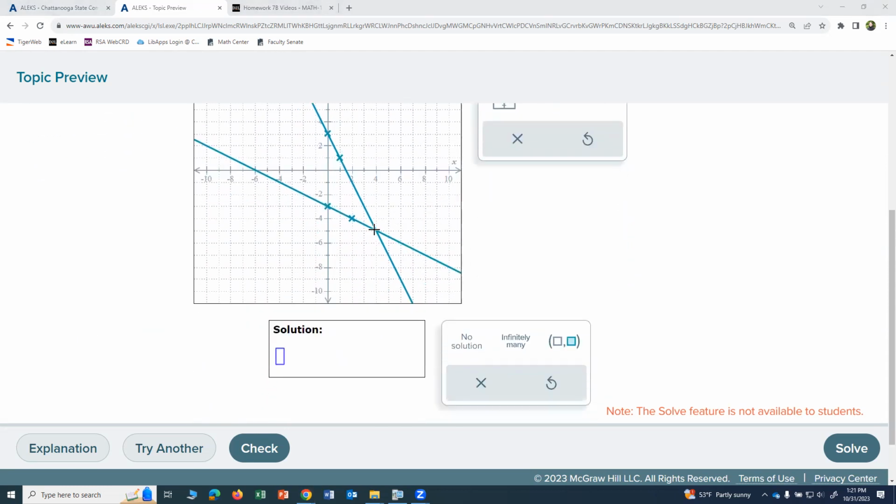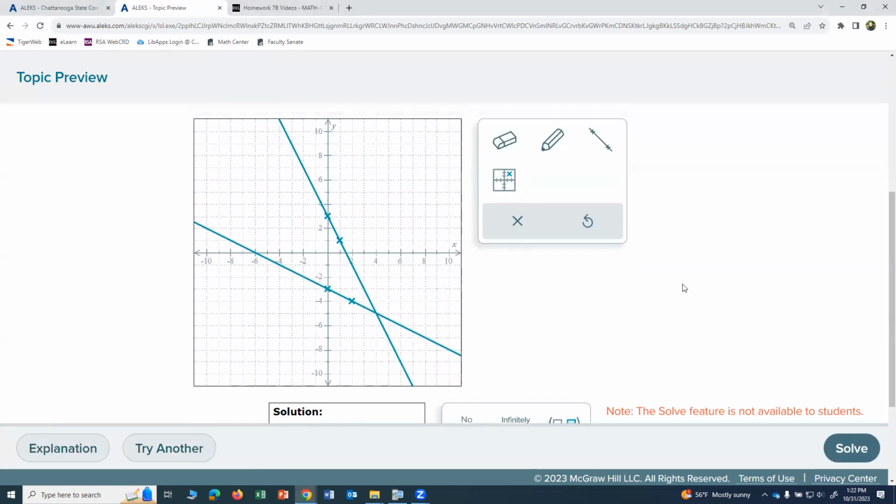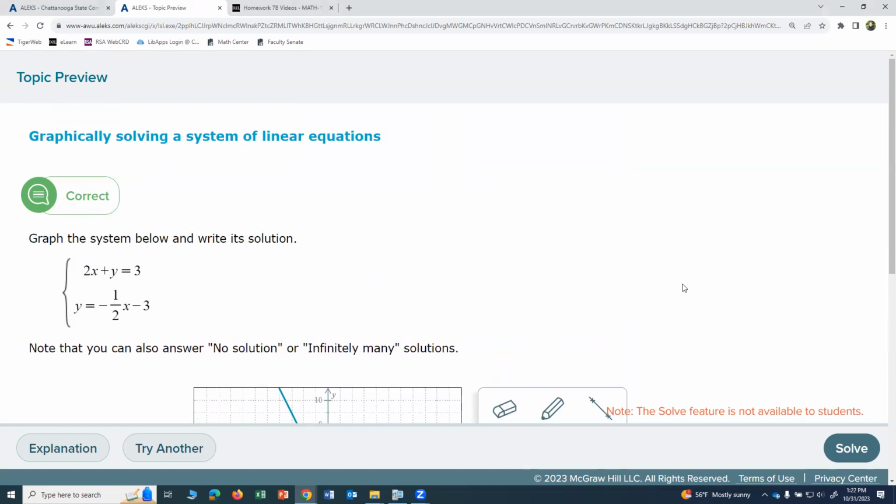So now I'm looking for where the two cross. The x value is 4 and the y value is negative 5. So this would be at the point 4, negative 5. All right, so again, if they cross at a point, that's your solution. If they're parallel, there's no solution.